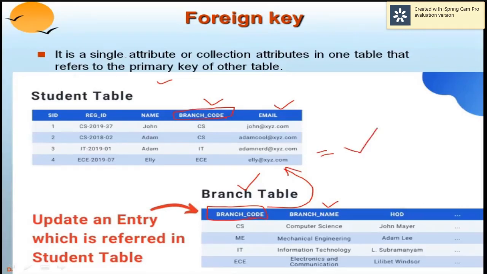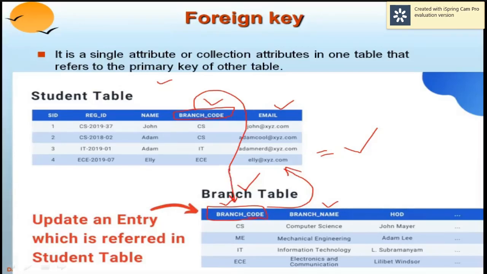It is a single attribute or collection of attributes in one table that refers to the primary key of the other table. In this branch table, the branch code is acting like a primary key, and for the student table, this branch code is acting like a foreign key which links to the primary key of the second table.